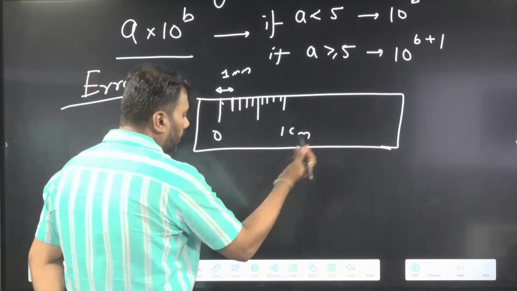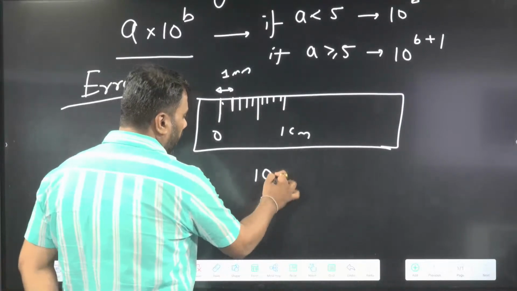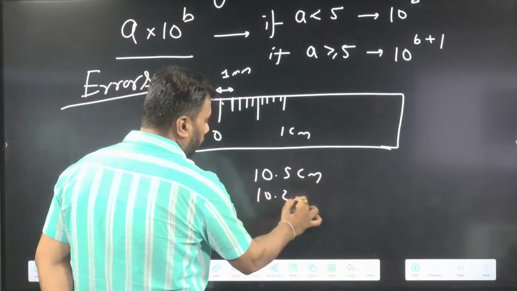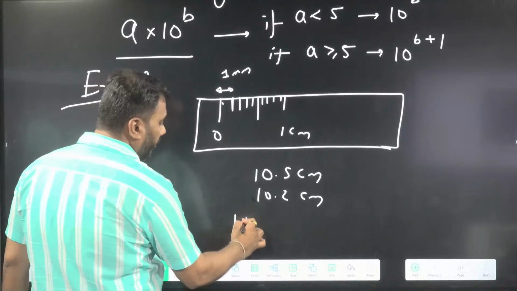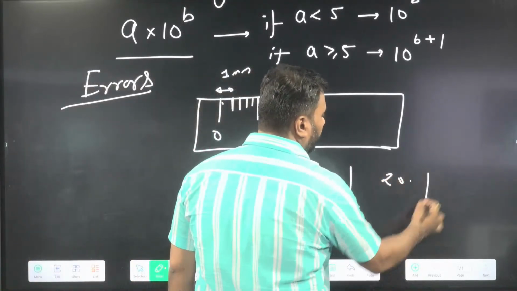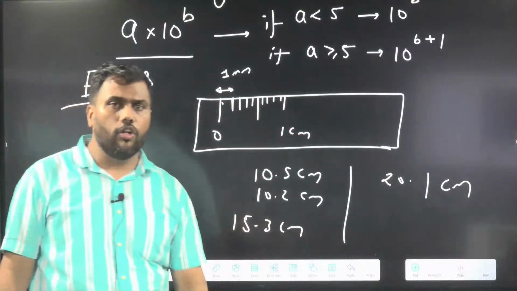Suppose the length of your pen is 10 centimeter or something. You may get data like 10.5 centimeter, 10.2 centimeter. Or if the pen is larger, you can get 15.3 centimeter, or even 20.1 centimeter. This kind of data you can get with normal scales.